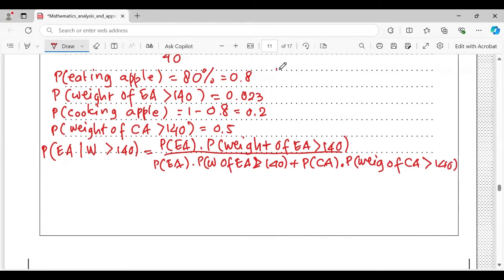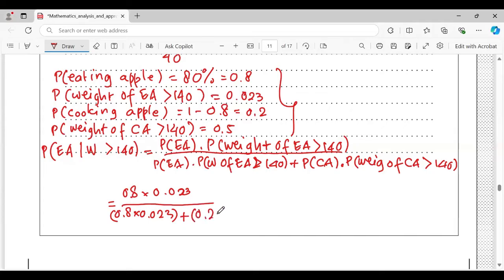Based on this information, you can substitute here. It is 0.8 times 0.023 over 0.8 times 0.023 plus 0.2 times 0.5.